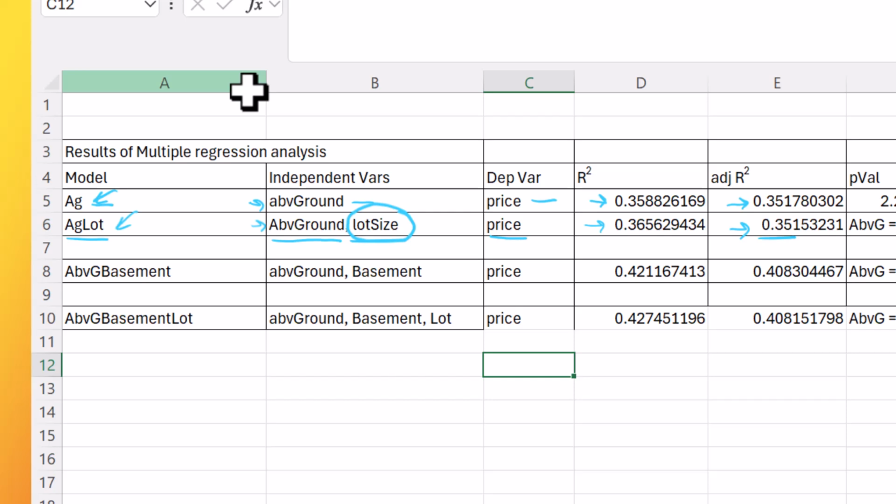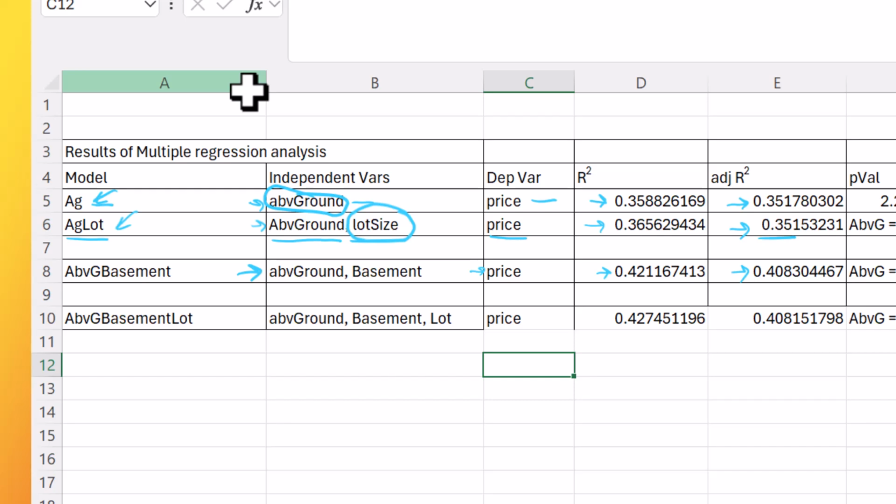Now let's look at another model. This is my above ground and basement model. It considers the two variables again, above ground and basement as my independent variables, again, price as my dependent variable. You'll see the R squared has gone up quite a bit. You'll also notice that when I had just a very simple model, one independent variable, my adjusted R squared was 0.35.